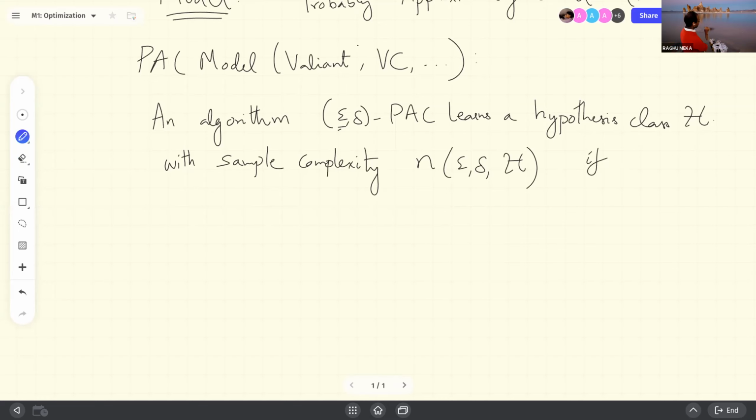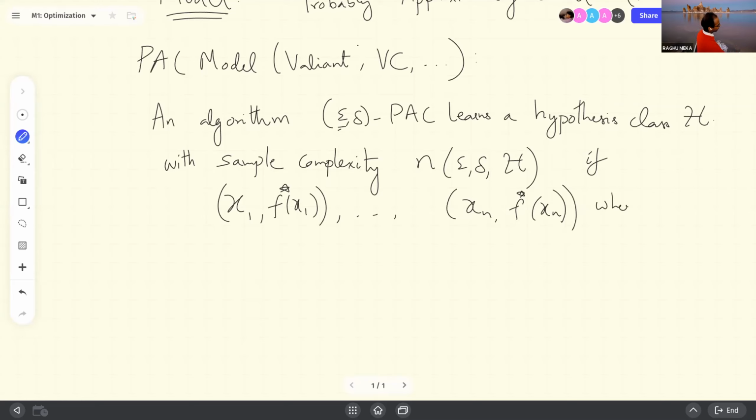If when I give you input x1 comma f star of x1 up to xn comma f star of xn, where the xi are generated from distribution D, okay, and f star is some function which is in my hypothesis class H. It's the same function for everything.